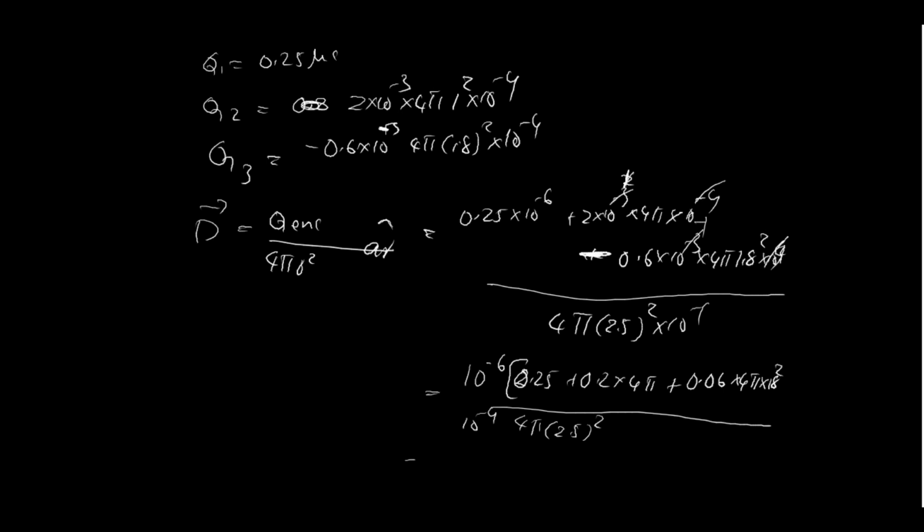So the numerator will be 0.320 into 10 raised to minus 6 divided by 4 pi into 2.5 square into 10 raised to minus 4. If you simplify and find the final answer, it will be 40.7 microcoulomb per meter square. aR cap is there everywhere.